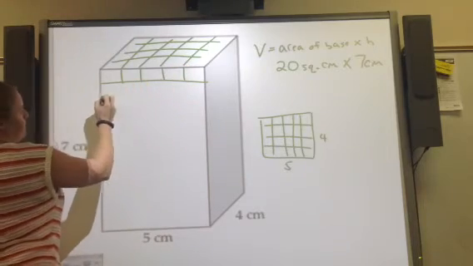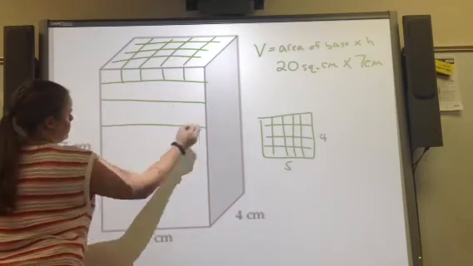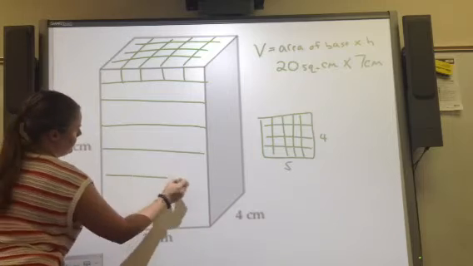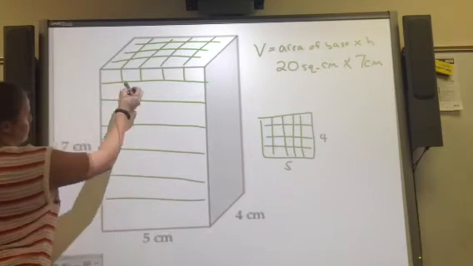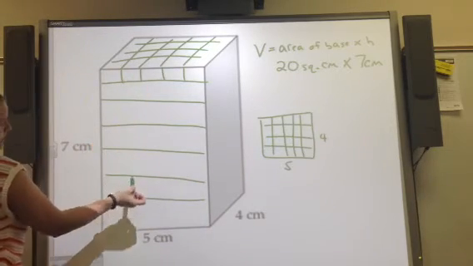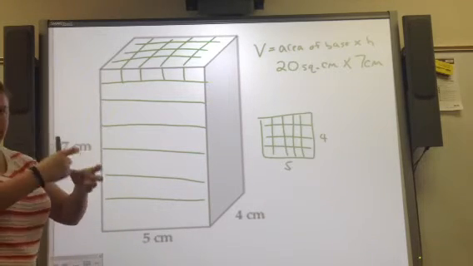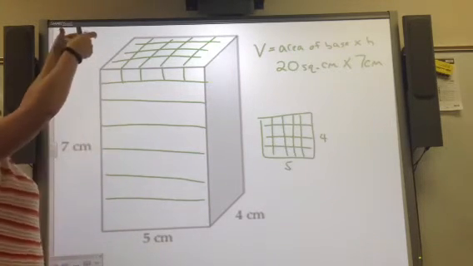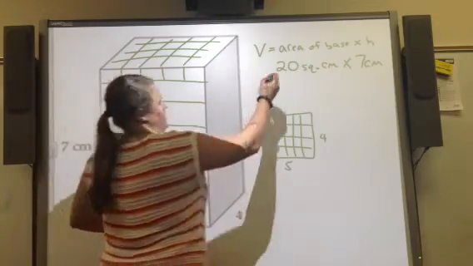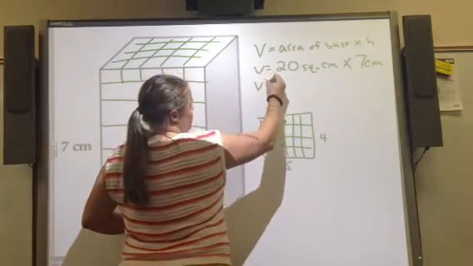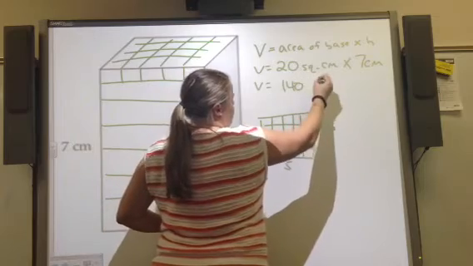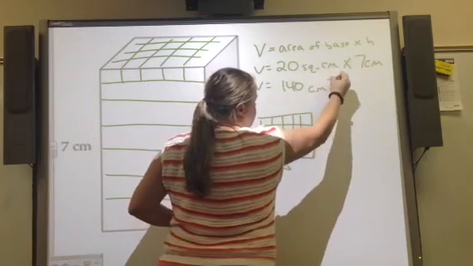So that's layer 1, layer 2, layer 3, layer 4, layer 5, 6, 7. There are 7 layers of cubes stacked that are 20 in a pack. So 20, 20, 20, all the way up to 7 times. Which means the volume is 140 cubic centimeters.